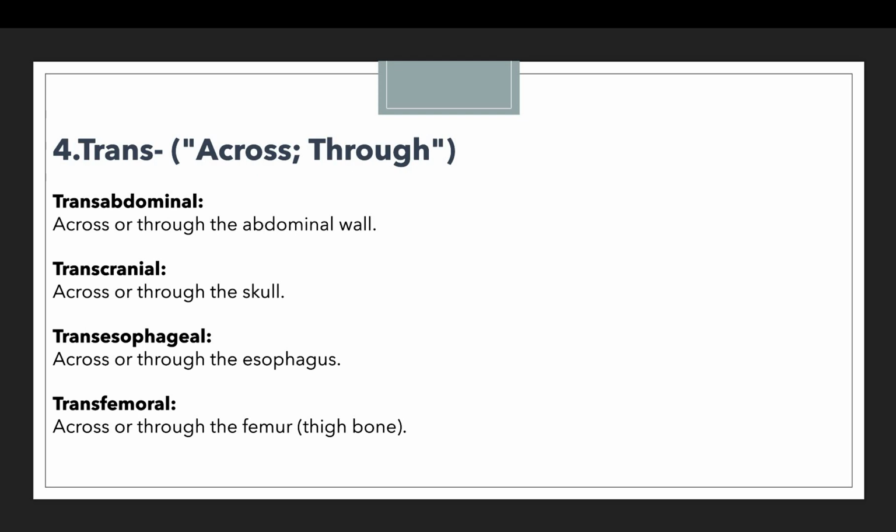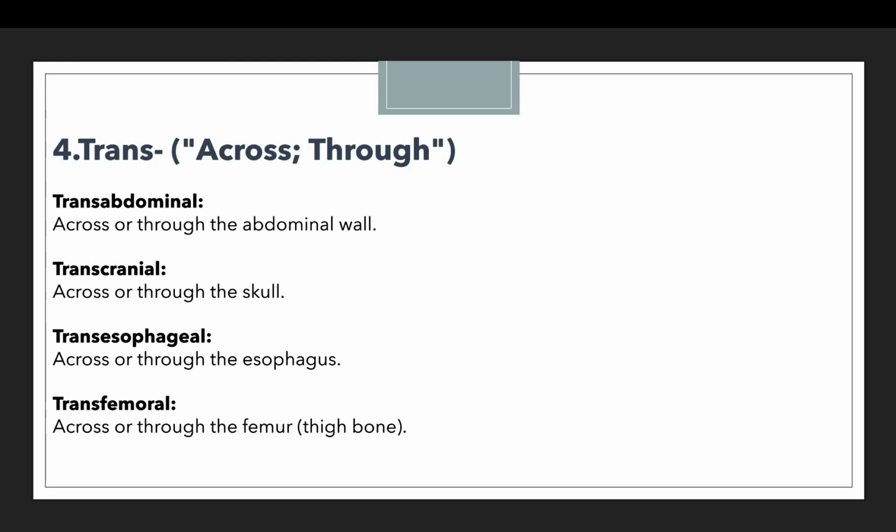Likewise, we have another example which is transcranial. Transcranial means across or through the skull. So when we want to denote something across or through the skull, then we will use transcranial. Similarly, if you want to showcase something across the esophagus, then you will use the terminology transesophageal, which is used to showcase across or through the esophagus.